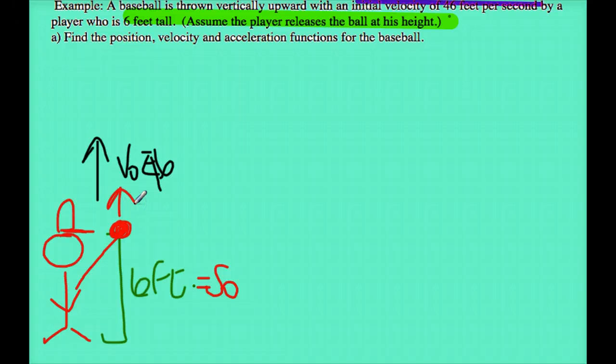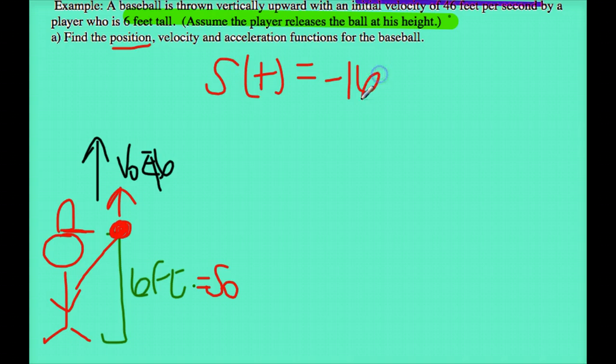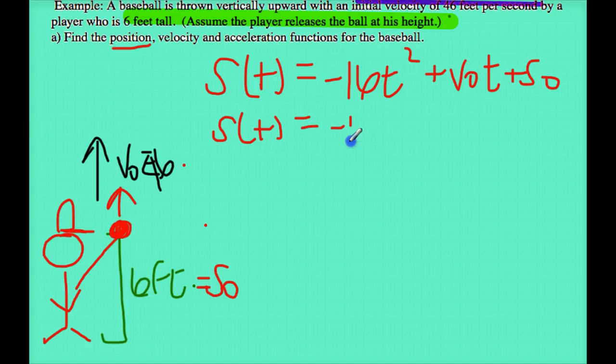So let's plug this into the equation we first found, since I need to find the position. In this case, let us use S of t just to not confuse ourselves. The general equation from the previous page is S of t equals negative 16 t squared plus v naught t plus s naught. So I'm going to plug in the two pieces of information, and that gives me S of t is equal to negative 16 t squared plus 46t plus 6. Good.